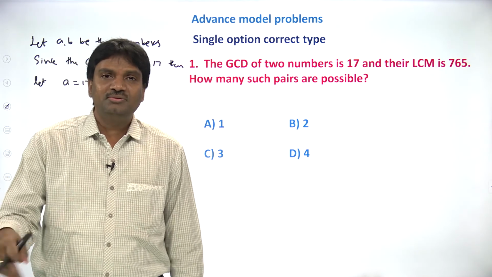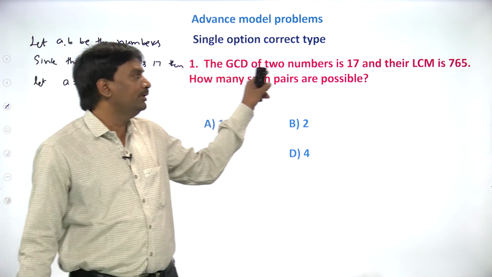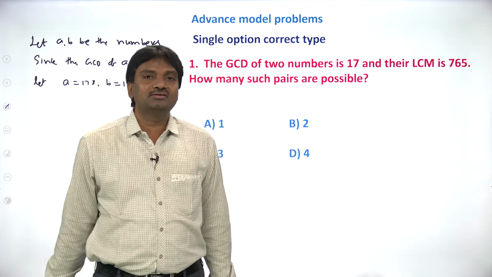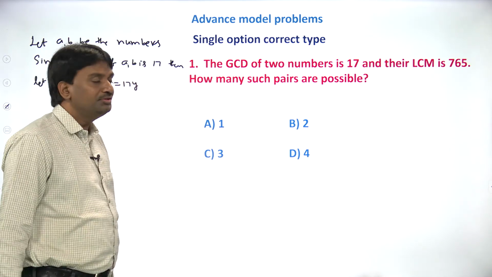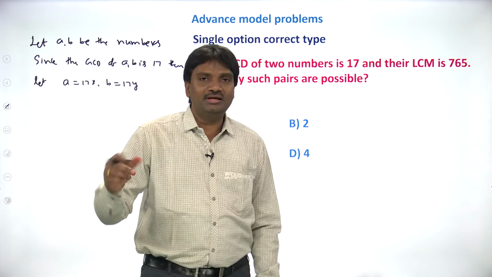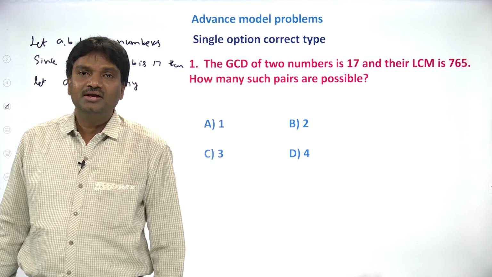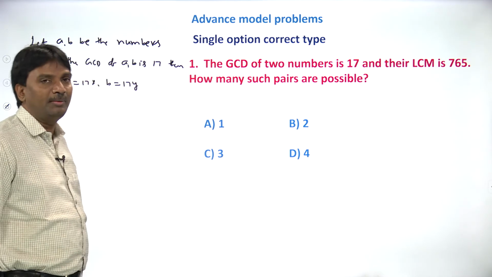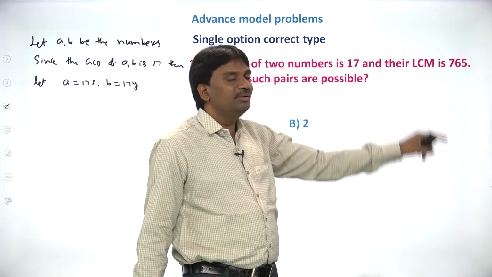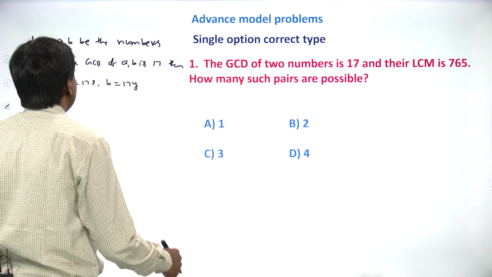If the HCF is given as some k, then we can take the 2 numbers as A equal to kx, B equal to ky. So since the GCD is 17, we can take the 2 numbers as A equal to 17x and B equal to 17y. According to the problem the LCM is given as 765.